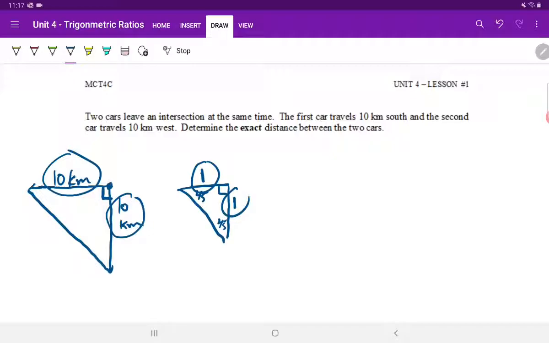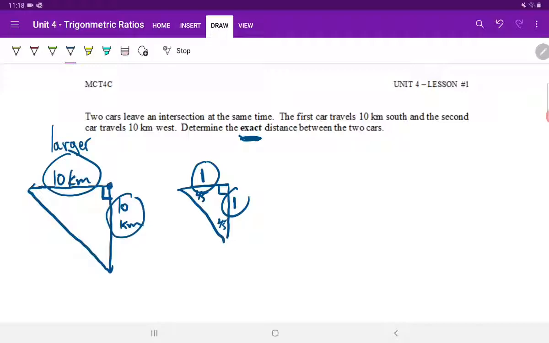Okay, so the question is determine the exact distance, right? And anytime I see the word exact, I know I've got to use my special triangles. And when I see that 10 and 10 are the legs of my larger triangle, then I'm trying to match that up with one of my special triangles.